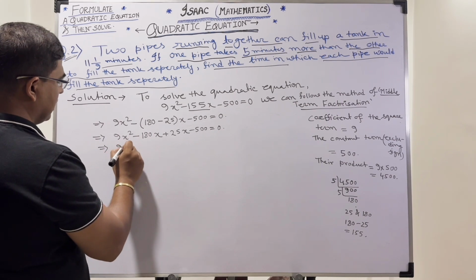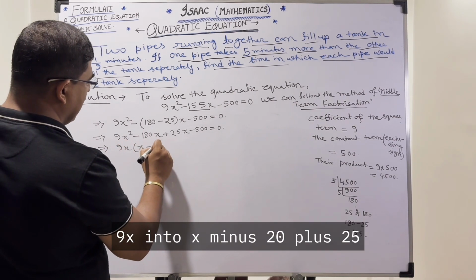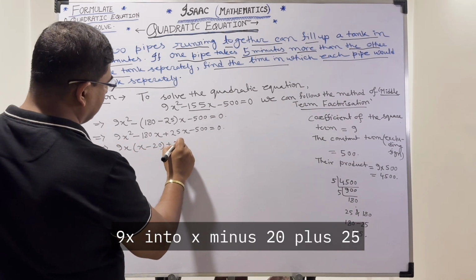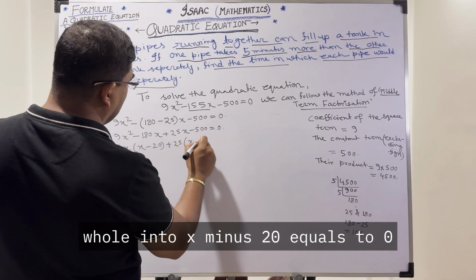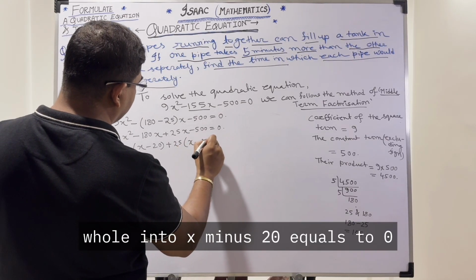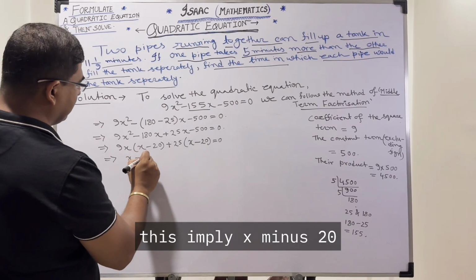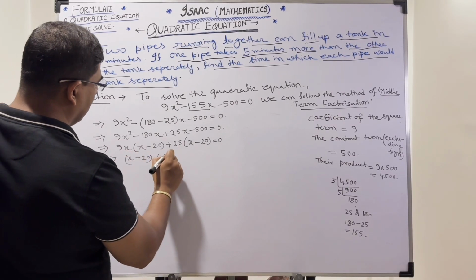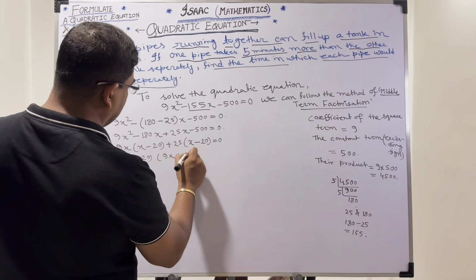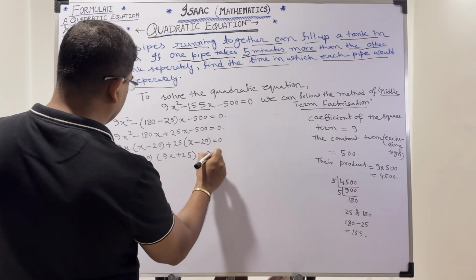This implies 9x into x minus 20 plus 25 whole into x minus 20 equals to 0. This implies x minus 20 whole into 9x plus 25 equals to 0.